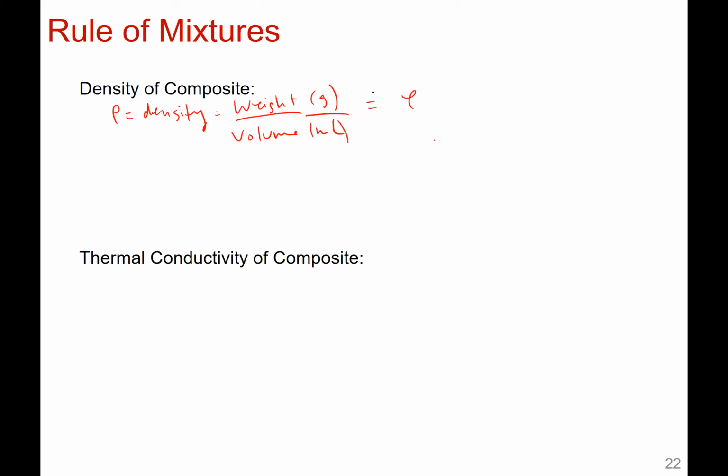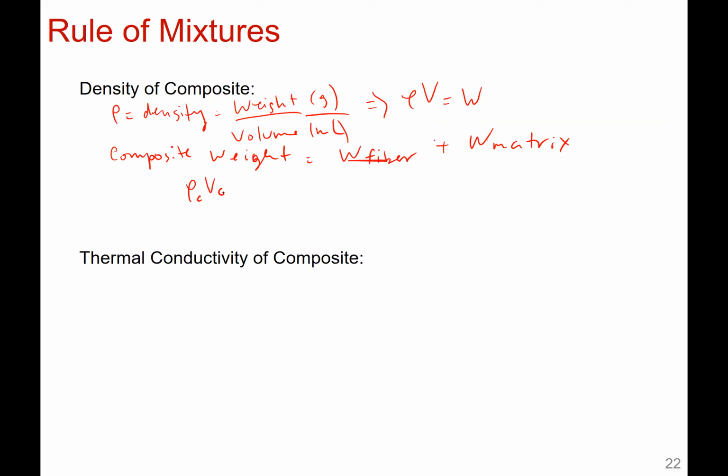And so we can rewrite this as the density times volume is equal to the weight, right? So then the composite weight is just the weight of the fiber plus the weight of the matrix, and thus the density times the volume of your composite.